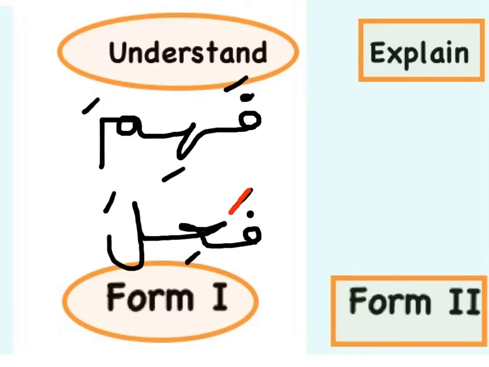The pattern is فعل, and this is all you apply to the root فهم. So, he understood. When you look at form 2, we have فعّل.